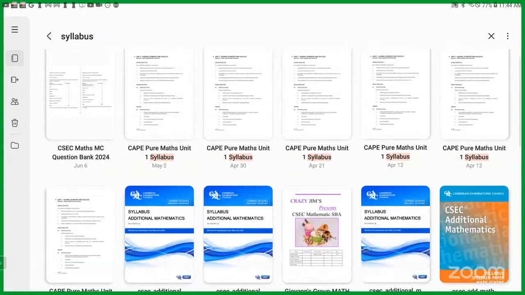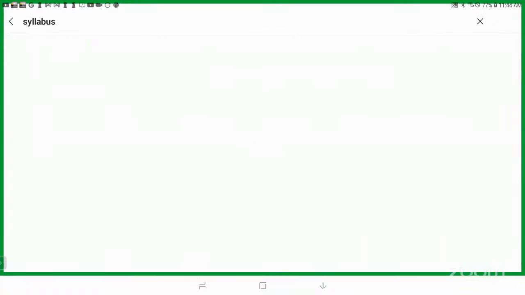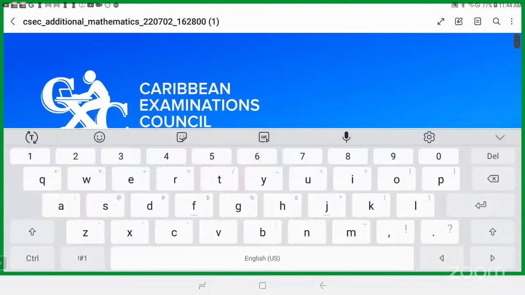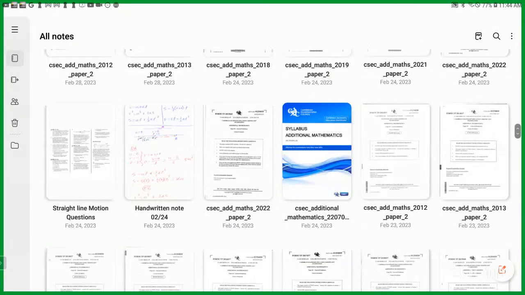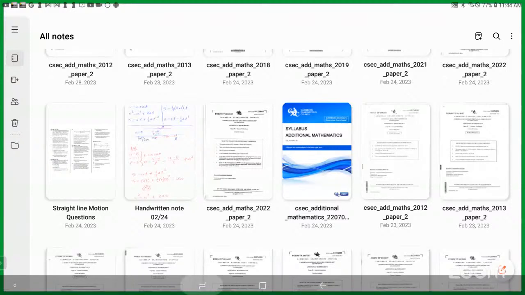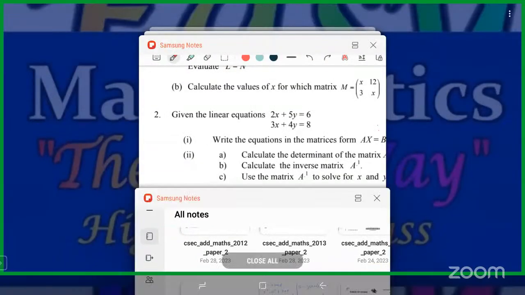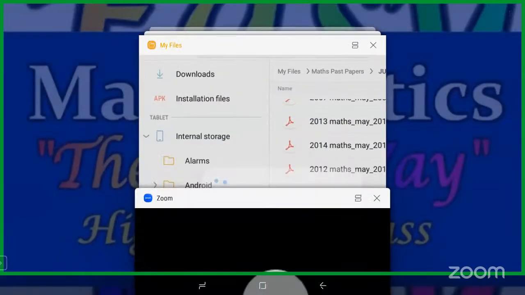Let me check over here. I looked for it before the class, but it just came to mind that I should really show you. I'm looking to have it somewhere else. Let's do a little quick search.